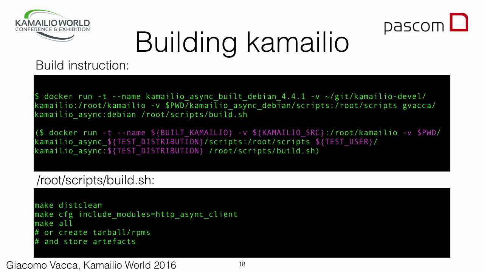The build can be as simple as this shell script where you just share the typical list of instructions for a build. And at the end, not in this case, but it's imaginable that if you trigger this with Jenkins, you will have a phase in which you take your Debian files or RPMs or tarballs, and you push them into the registry.